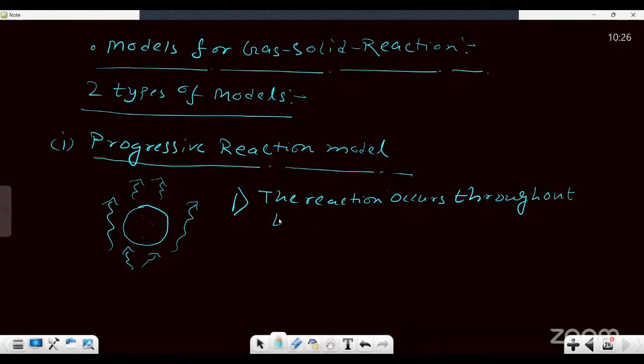As soon as the gas reaches any interior point, reaction begins there. So this model is saying that there is no time lag between the gas reaching there and the reaction. As soon as the gas reaches, the reaction starts.